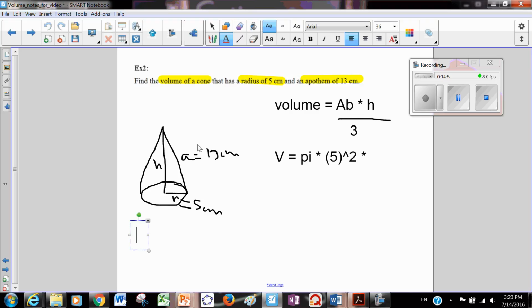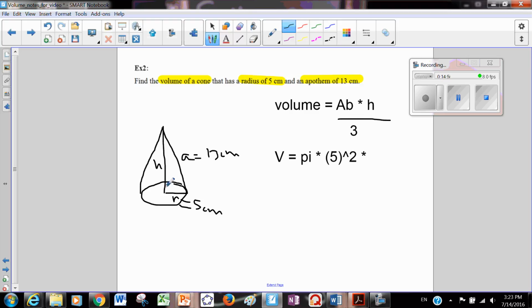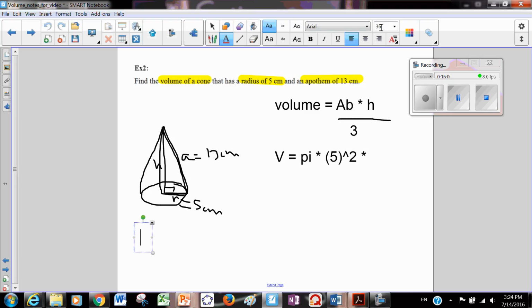What are we going to do to find the height? Well, we can see there's a triangle here. You see there's a right angle triangle, like here. Good, so we can use the Pythagorean theorem. Okay, so we can use h squared plus 5 squared is equal to 13 squared.